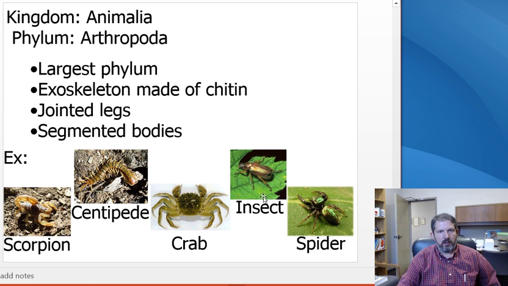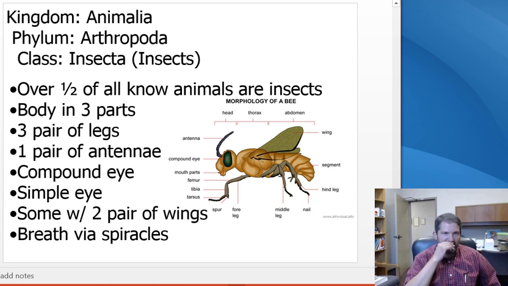Now, insects are the most important of the group in terms of the number of species. They're their own class, and they are extremely diverse. Over half of all known animals are insects.